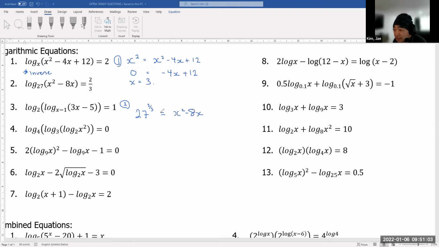I think you can guess that if we were able to figure out what that number is, you'd be able to solve this as a quadratic. Well, I'm going to force myself to not use the calculator. This is the same as 27 to the power of 1 over 3, that is to the power of 2. I split the fraction 2 over 3 into 1 over 3 times 2. Remember, power of a power.